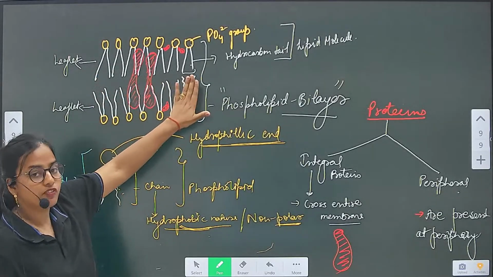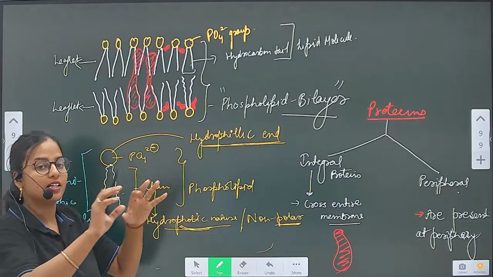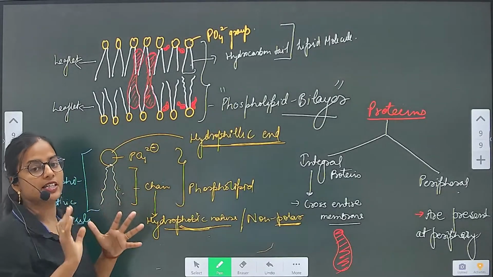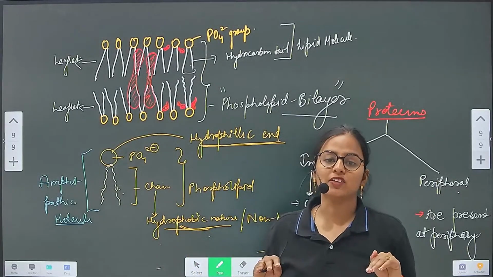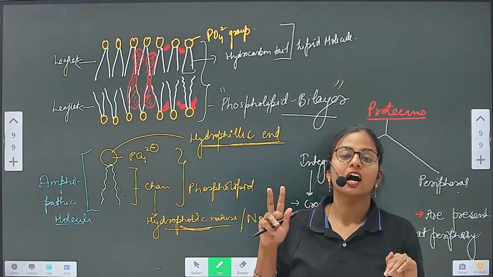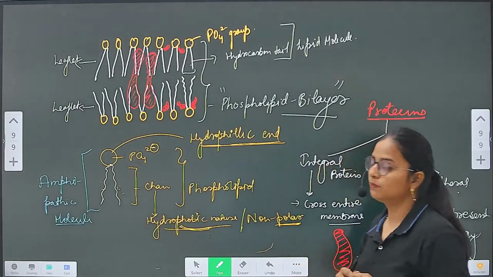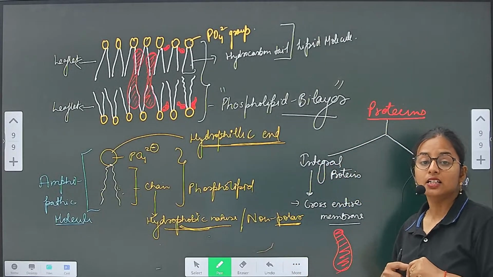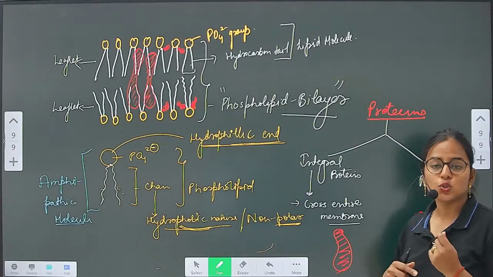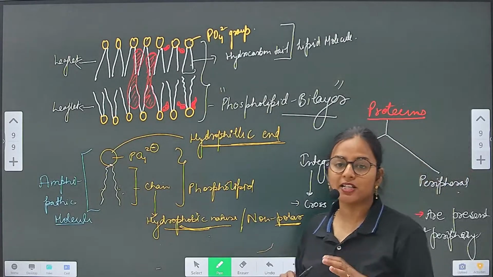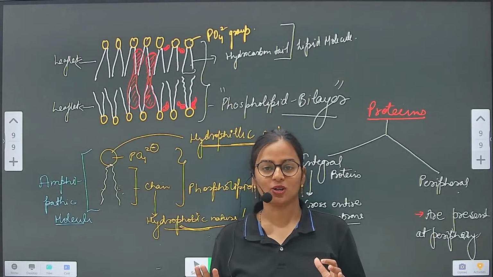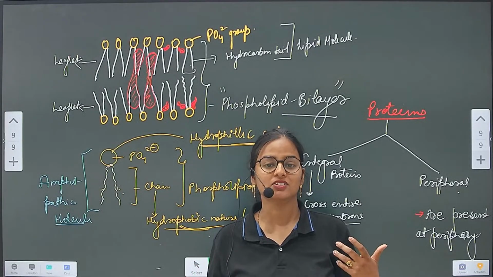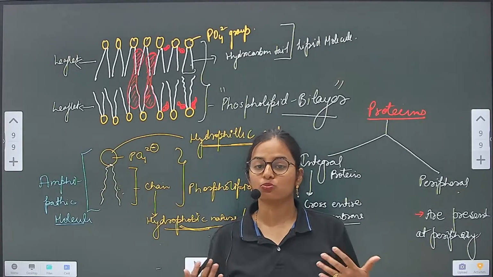Sea of lipids where proteins are dispersed in it and floating like icebergs. On the bed of lipids, proteins are floating like icebergs. So can you say plasma membrane is a solid structure? No, we cannot say it's a solid structure, because if it were a solid structure, it would not allow the passage of molecules across it.